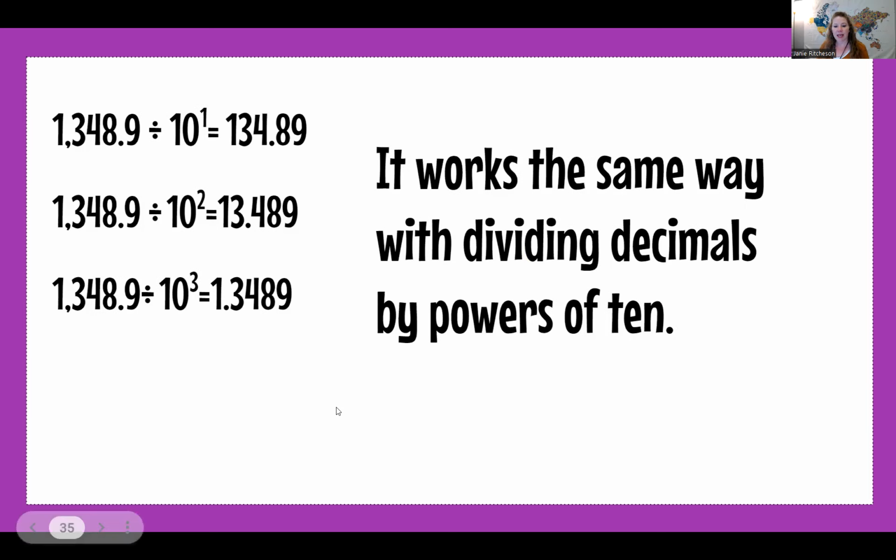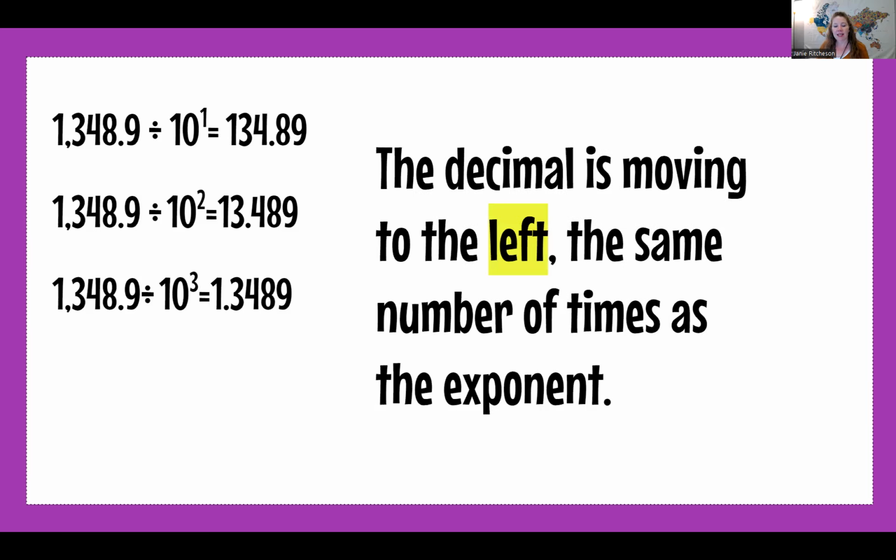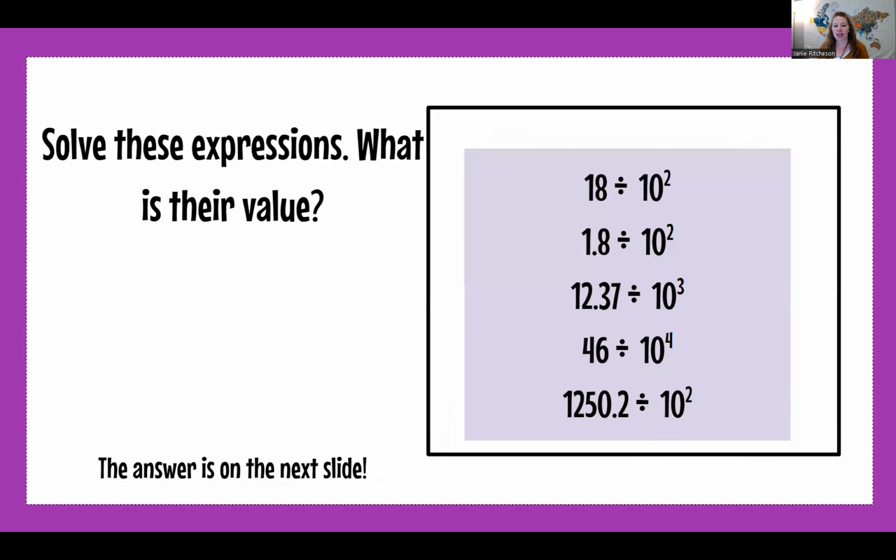It works the same way with dividing decimals by powers of 10. The decimal is moving to the left the same number of times as the exponent. Now you guys try. All right, here's 5 problems. I want you guys to write down the answers. Pause the video and do that, and then turn the video back on and check your answers. All right, are you guys finished?